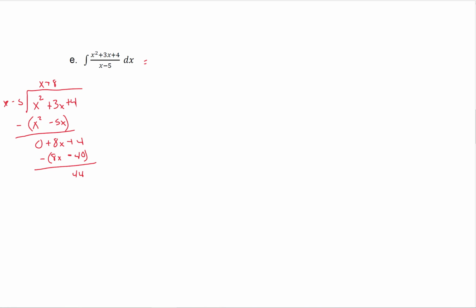So using this long division that we just did, we know that x squared plus 3x plus 4 over x minus 5 is equal to our quotient, x plus 8, plus our remainder. Remember, when you're doing the long division, you stop when you end up with a degree that's left over lower than the degree of your divisor.